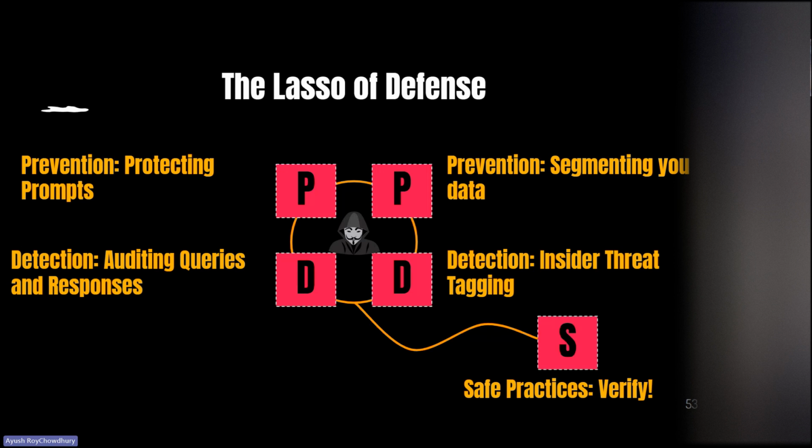And obviously, all of this would be futile if you didn't have everyone in your organization verify the response that AI gives you. So, not deploying code immediately after AI produces it. Having forms of checks and balances within our organization would be very important when integrating large language models over your data.